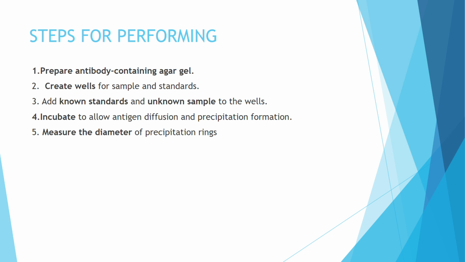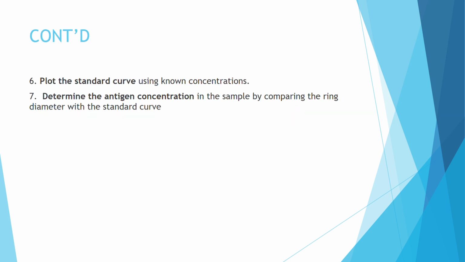If you incubate, you are just allowing the sample to diffuse so that the precipitate can be formed. Fifth, measure the diameter of the precipitation rings. Then plot the standard curve using known concentrations, and finally determine the antigen concentration in the sample by comparing the ring diameter with the standard curve.